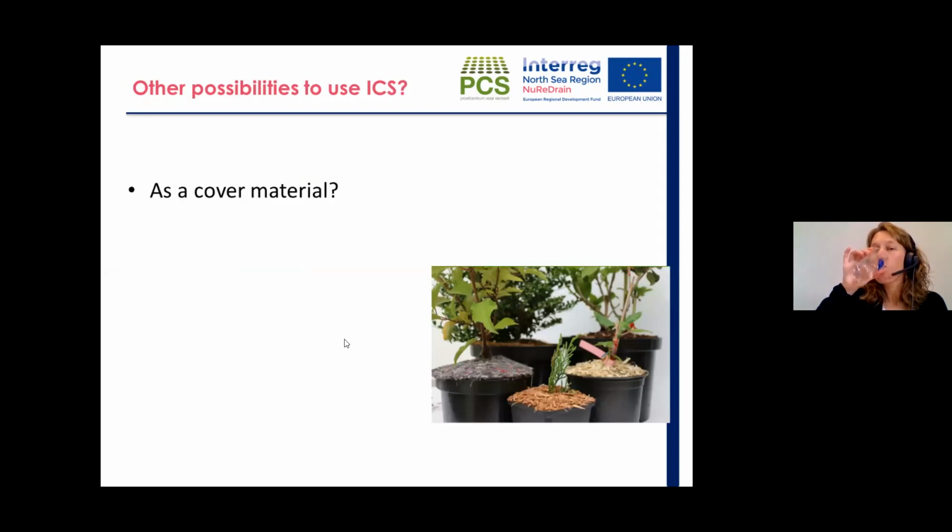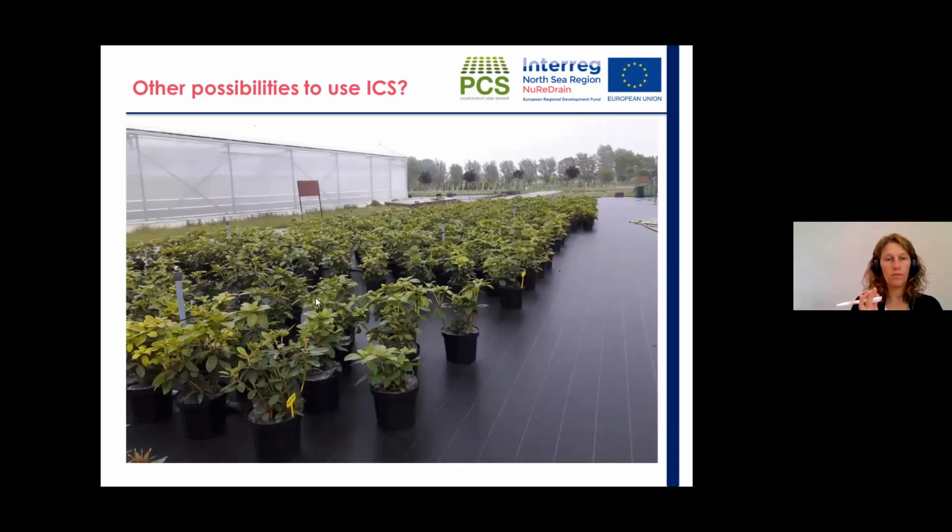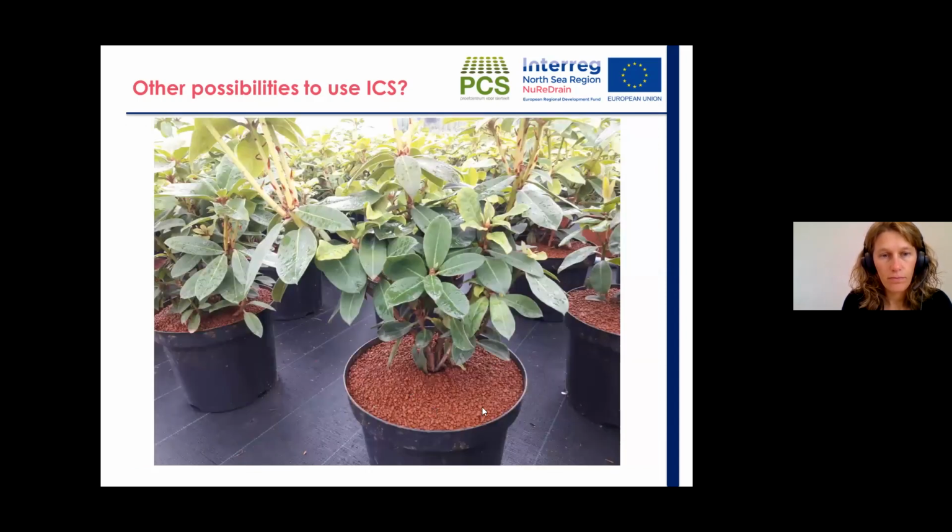So we thought, yeah, we can maybe use it as cover material. Also a very important thing in ornamentals, certainly in nursery stock. And therefore in 2020, we set up a trial with rhododendron in which we test different cover materials. ICS is one of the cover materials that is used.